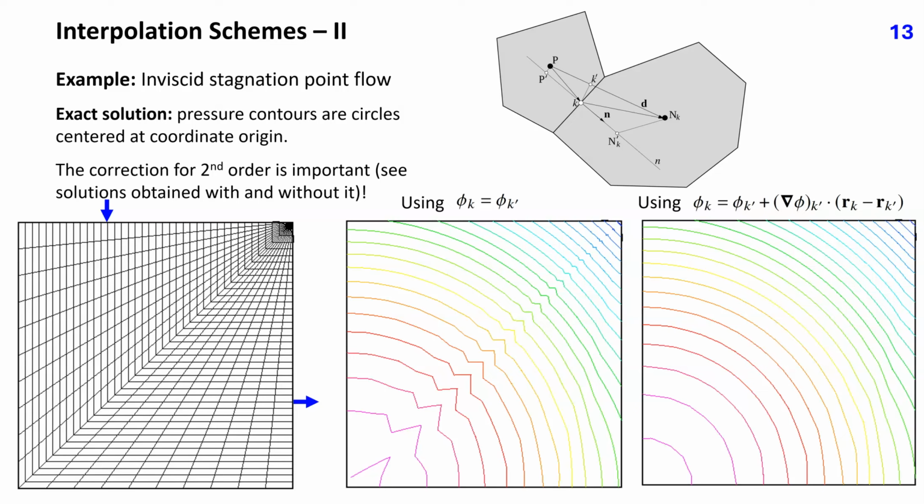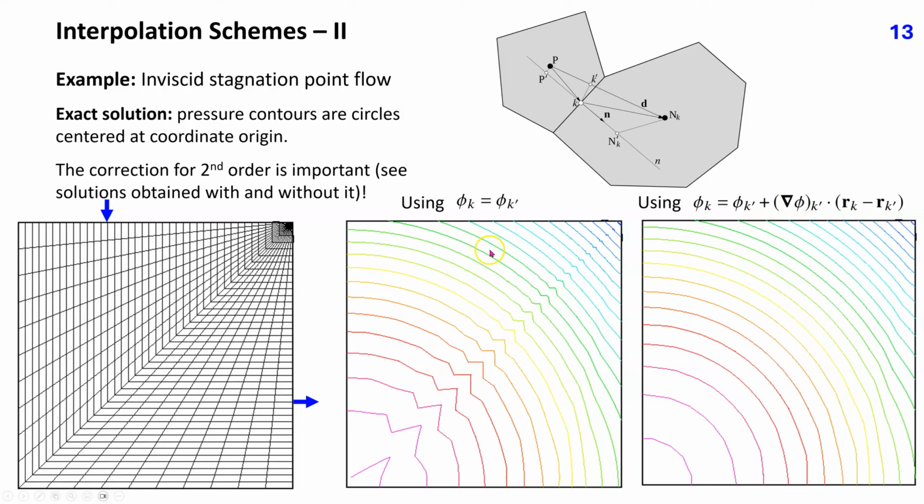Here is an example which illustrates the importance of using second-order approximations. We compute the inverted stagnation point flow using the grid shown in the left figure. The bottom left corner is the stagnation point, where the velocity equals 0 and the pressure has its maximum. We know the exact solution for this problem. Pressure contours are circles centered around the stagnation point.